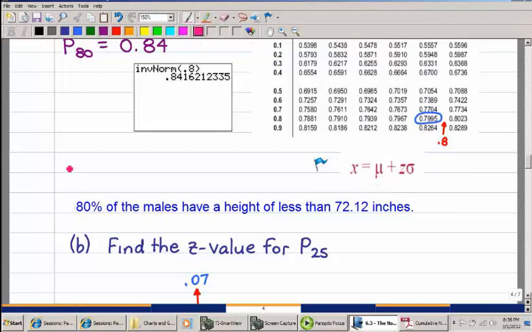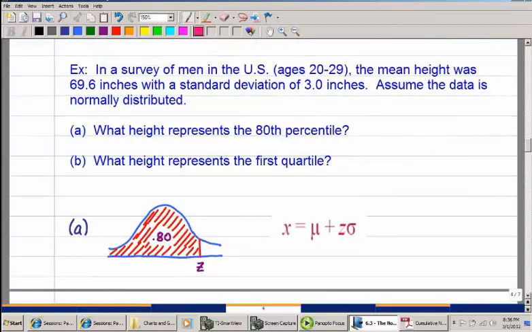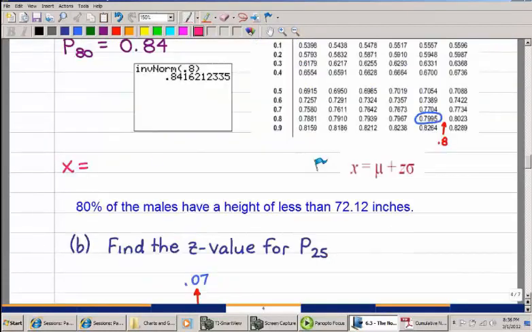So X will equal, from back up there, 69.6, the mean, plus z that we just found is 0.84, and the standard deviation, which is 3.